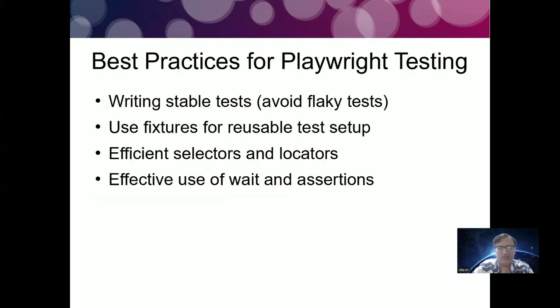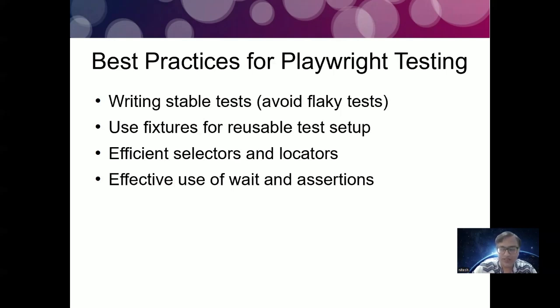Best practices are these: writing stable tests. You can use reusable test steps or fixtures for better code management. There are selectors and locators which you can use efficiently. And there are assertions.